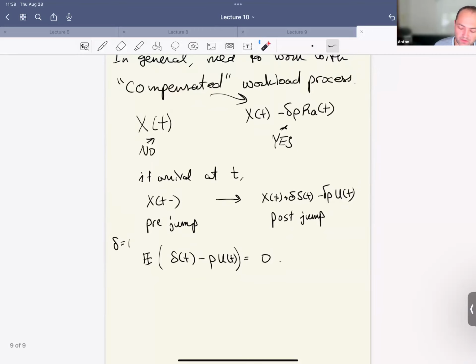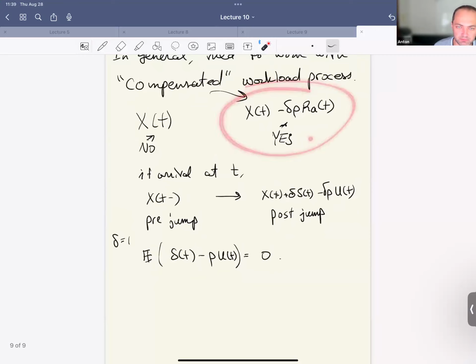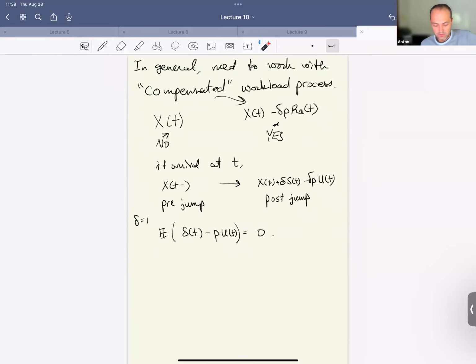So needing to work with this compensated process is a broader phenomenon that others have also needed to tap into. Okay, so these are the main ingredients. We have the inversion formula and the compensated process version. That combined with our typical generator approach gives you results for models with non-exponential jumps.